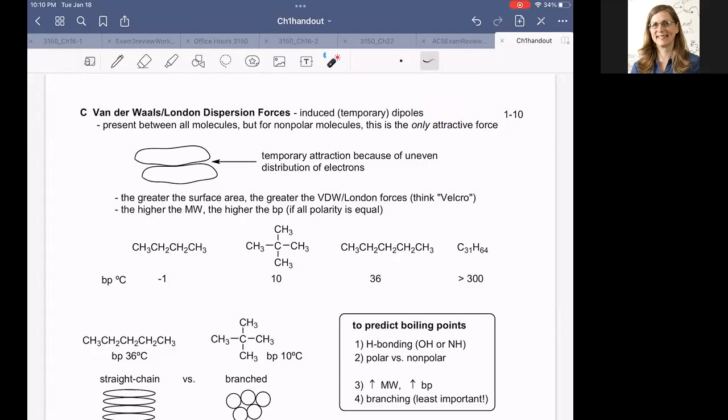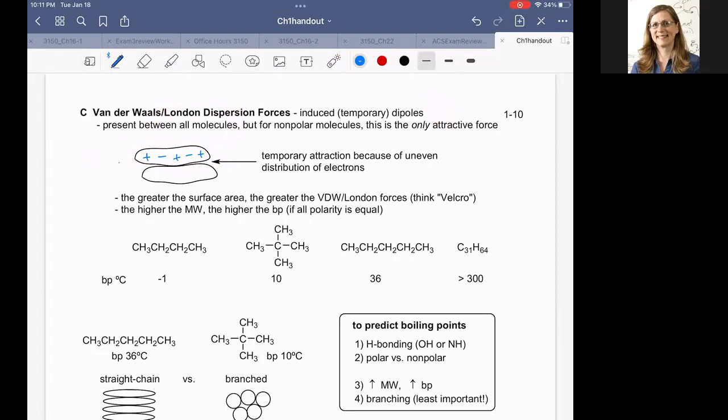These again are present between all molecules, but for nonpolars it's the only thing they have going for them. So what we can imagine is if we just have this big molecule, there might be a not exactly even distribution of electrons. Sometimes there's a little bit more here and a little bit less here, because electrons are moving.